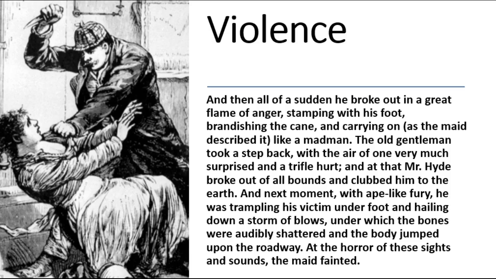And this violent scene here doesn't happen because Hyde is innately a murderous character, because he hasn't murdered before. It happens because Hyde has been locked up in solitary confinement for over a year by Jekyll. He's been locked up inside Jekyll when Jekyll refuses to take the drug again to bring him out.